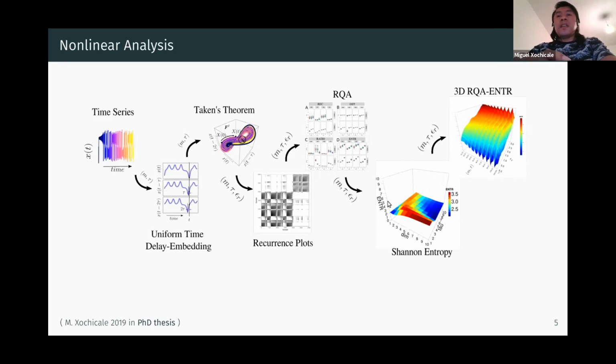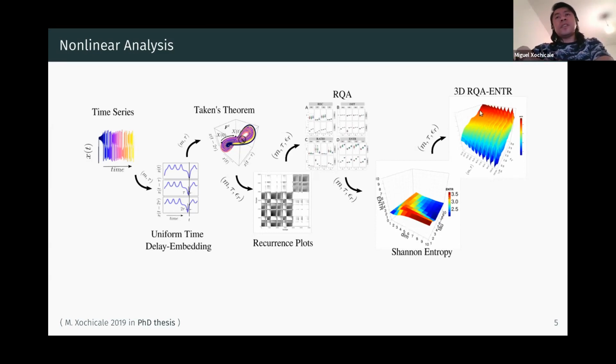Then I propose to use different values of dimensionality m and tau, and also the threshold from the recurrence plots, and we can get different 3D Shannon entropy surfaces that describe all these parameters for data length, different activities, and different participants.